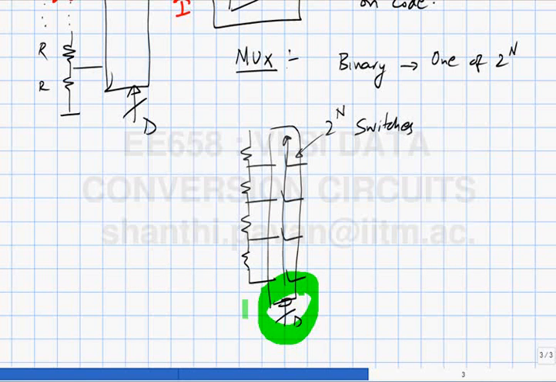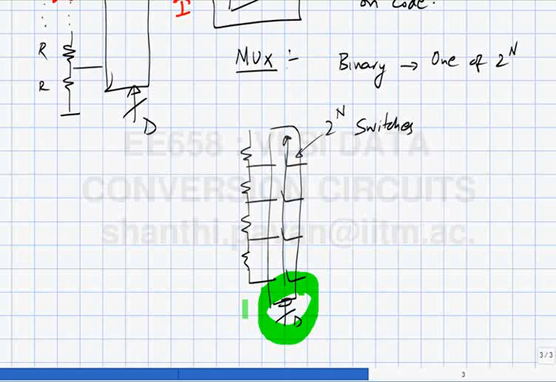So the decoding logic is simple. However, what is the problem there? The switch impedance, switch resistance. There will now be 8 switches in the path. And each one of those parasitic capacitances, when you change code, some of those parasitic capacitances have to be moved from what they were earlier to something else and all this other stuff.